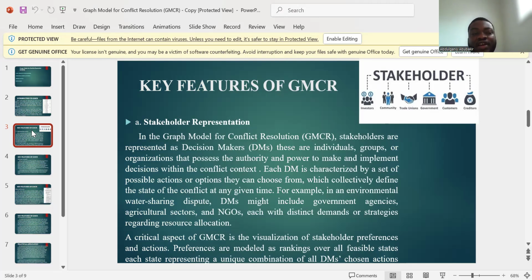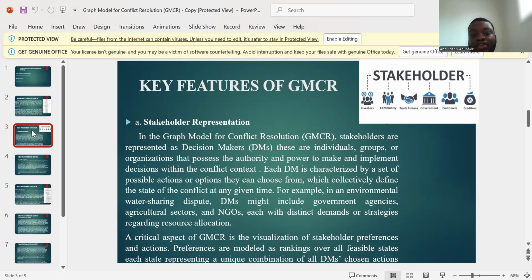So every decision maker possesses actions and options they can choose from, which defines or makes known to us what the conflict is all about.